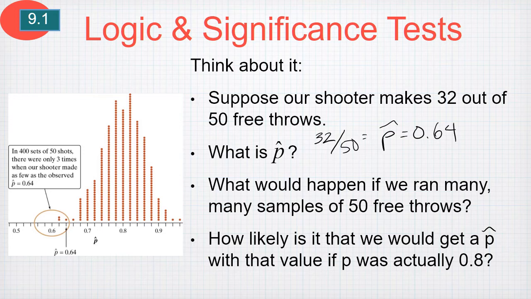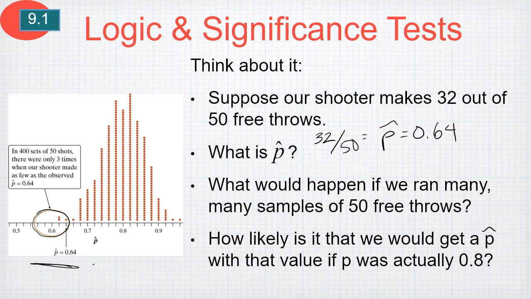So if we look at our data right here, we're going to see that in 400 sets, there were only 3 times, those 3 little dots, beautifully circled right there for you, only 3 times when our shooter made as few as the observed 0.64, if in fact the true population proportion was 0.8.